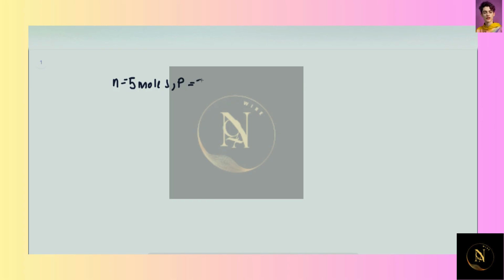Pressure is 2.5 times 10 to the 3 pascals, which is kind of low pressure. 10 to the 5 is atmospheric. V initial is 2.1 meter cubed, and the work done is 1480 joules.